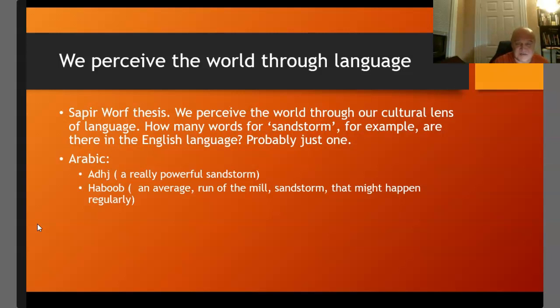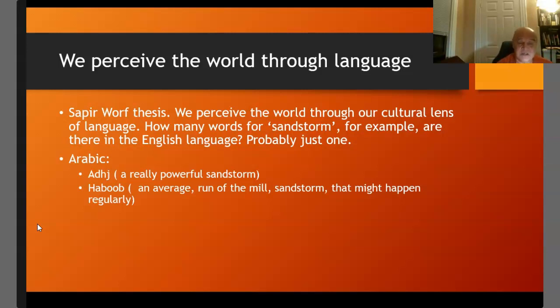Let me provide an example of language. And for those of you Arabic speakers, apologies for the pronunciation in advance. How many words for sandstorm, for example, are there in the English language? We probably just have one. In Arabic cultures, though, where there are more desert environments, for example, they have different words for sandstorms depending on what kind of a sandstorm it is.